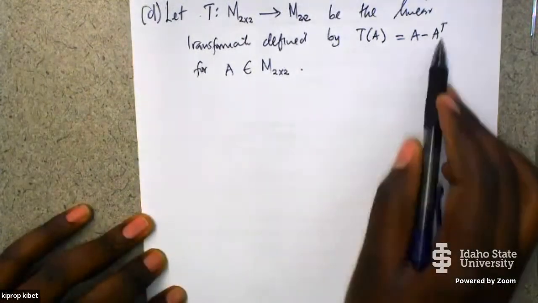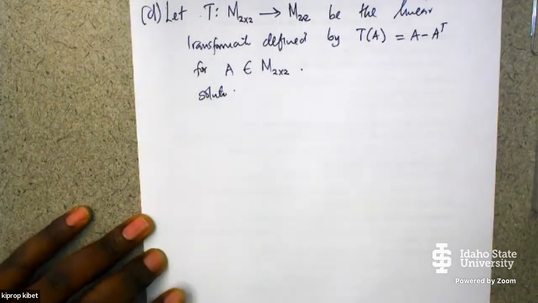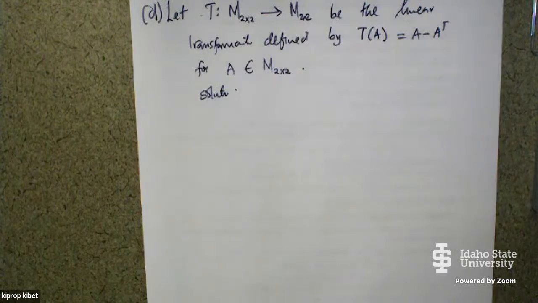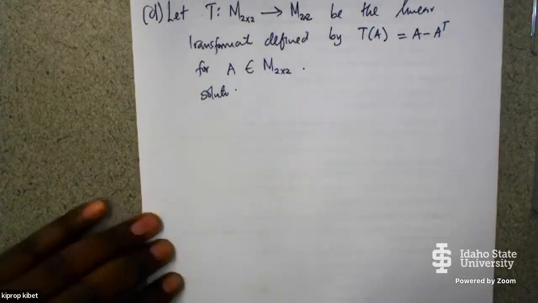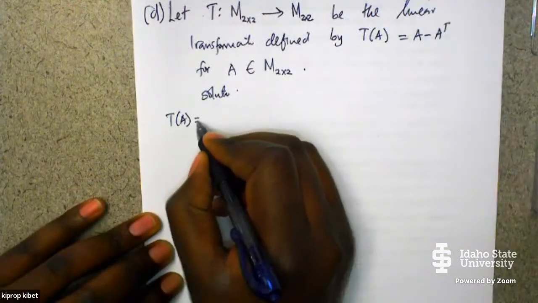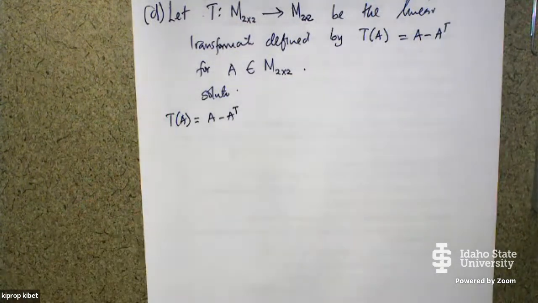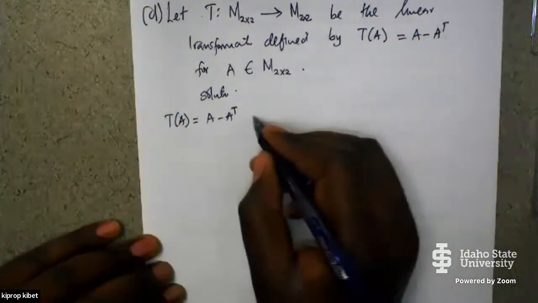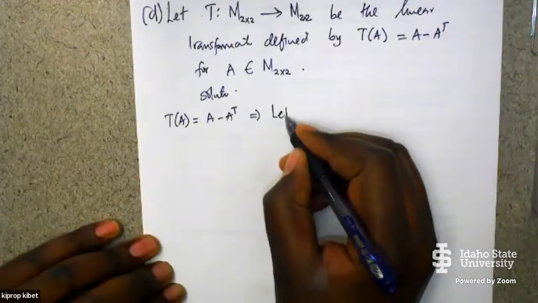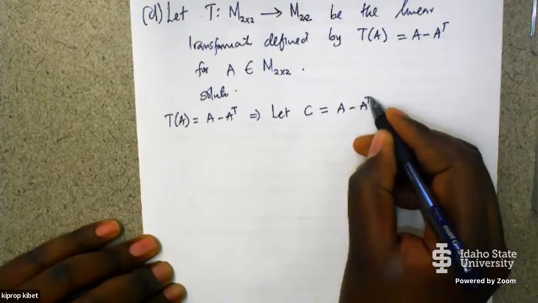Now, solution. Since we have seen that T of A is equal to A minus A transpose, we can let C be equal to A minus A transpose.